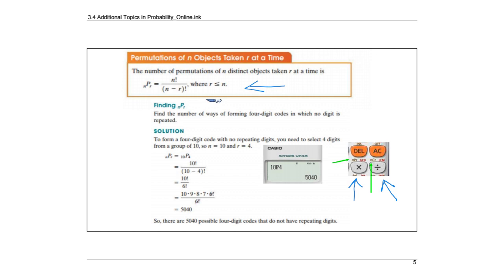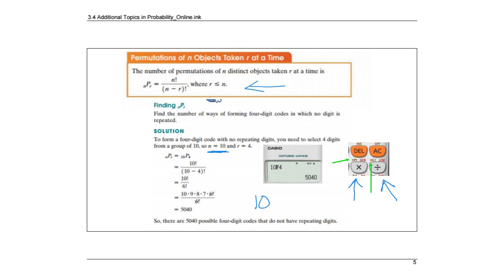So this says find the number of ways of forming 4-digit codes in which no digit is repeated. Okay, so we're picking 4-digit codes, but for digits, we get to use 0 through 9. So 0 through 9 means that I have 10 choices. So in my calculator, I'm going to type 10.